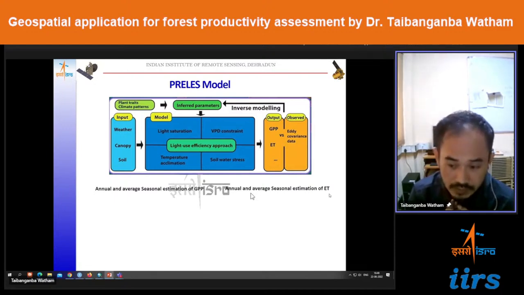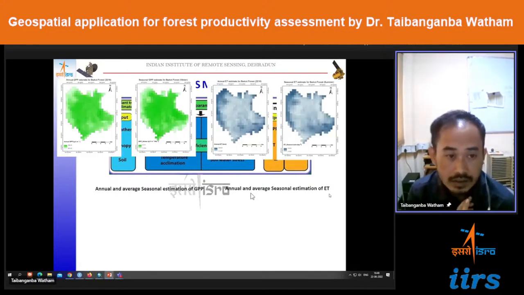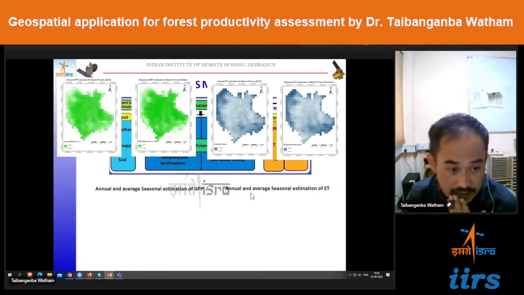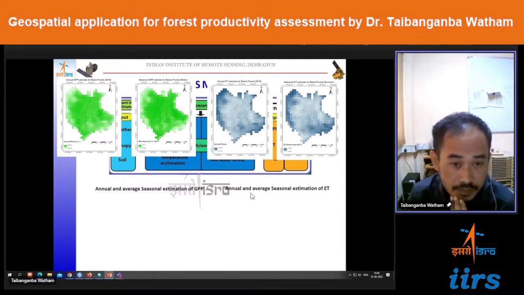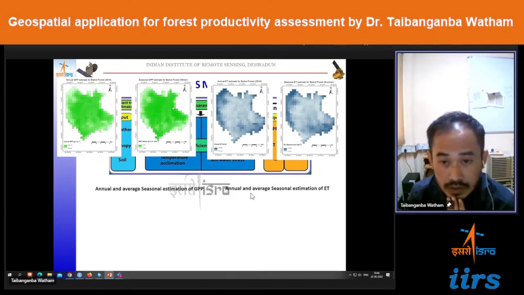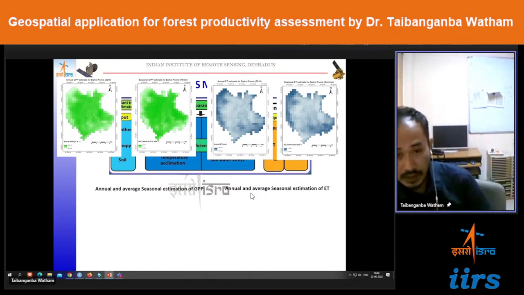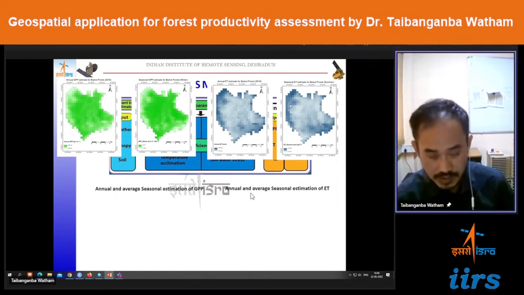In this case, what we have done here is, for 2016, you can see for the whole Barcode area, we have estimated the GPP using the PRELES model. This is for 2016, and this is for winter only. Then ET, this is the evapotranspiration, the annual evapotranspiration, then we have the seasonal or the monthly evapotranspiration.